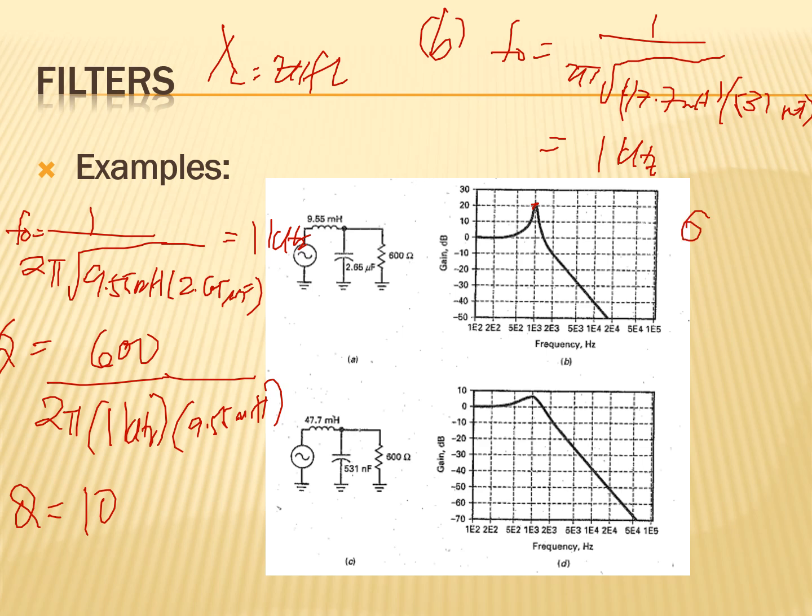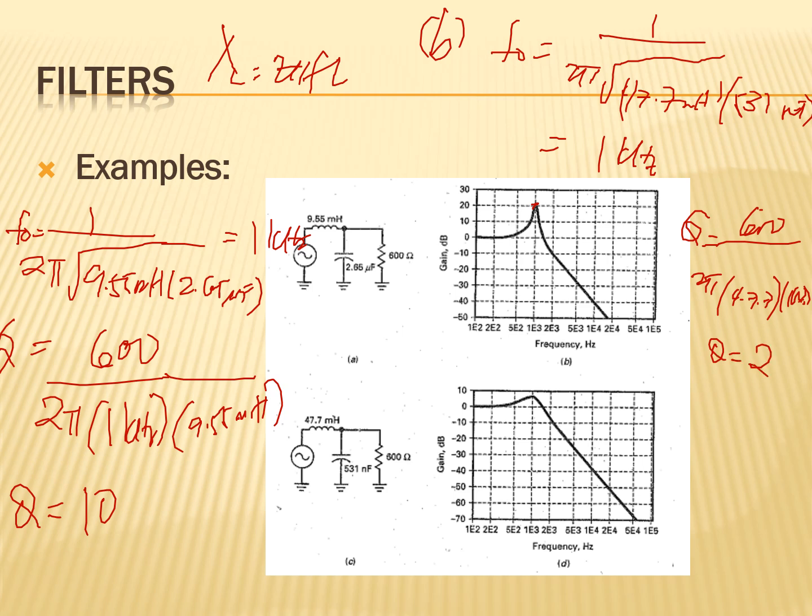However, there will be a change in our Q. In our Q, this will become 600 divided by 2 pi. This time we have 47.7, and then we have 1 kilohertz. So as we can see, we have a value of Q which is now equivalent to 2.